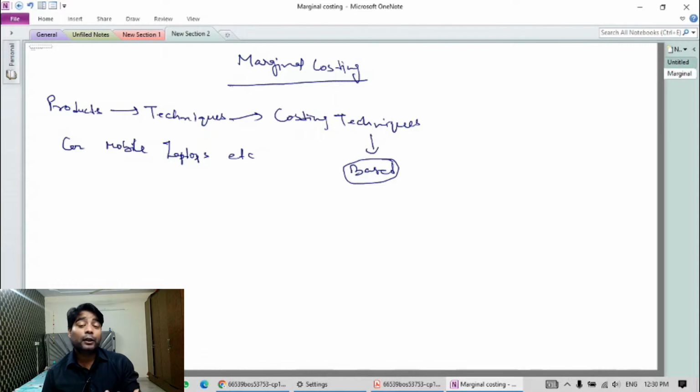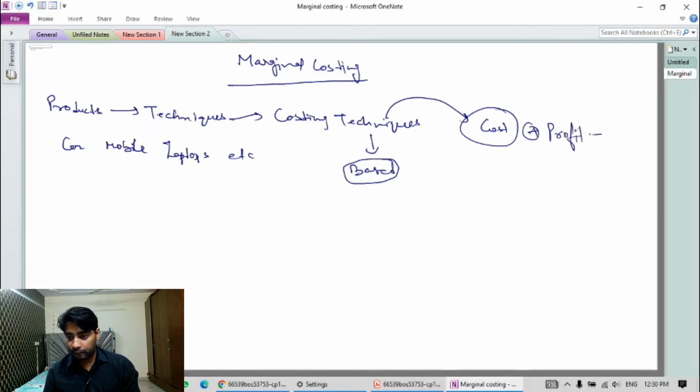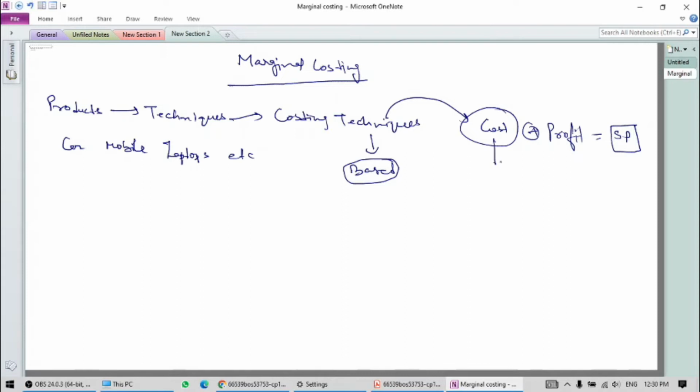And why do we need costing techniques? We need costing techniques to find the cost of the product, because if we add profit to this cost, then we can calculate the selling price. Apart from that, if we know the cost of our product, we can optimize the cost.